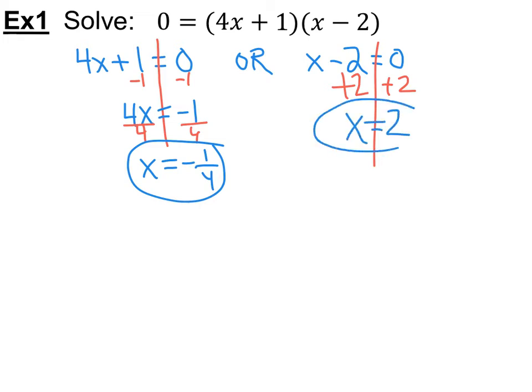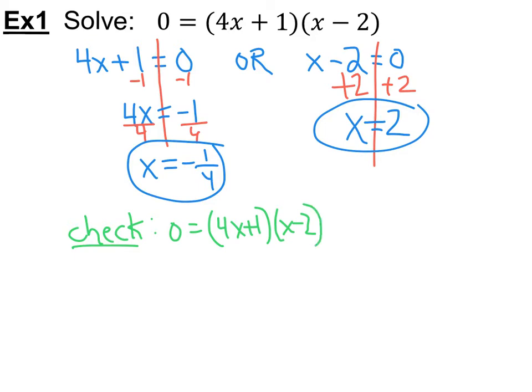These are our answers, but for all these problems, we can check. So check. We're going to rewrite the first equation, which is 0 equals the quantity 4x plus 1 times the quantity x minus 2. Now I'm going to replace the x with negative 1/4, and this should equal 0.